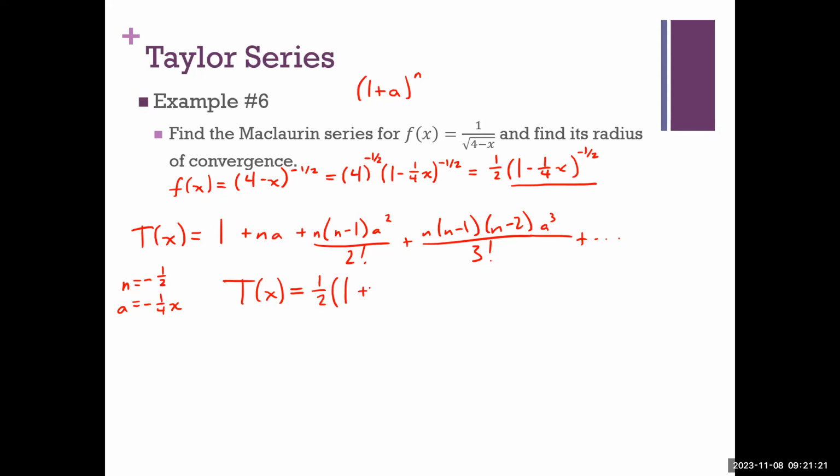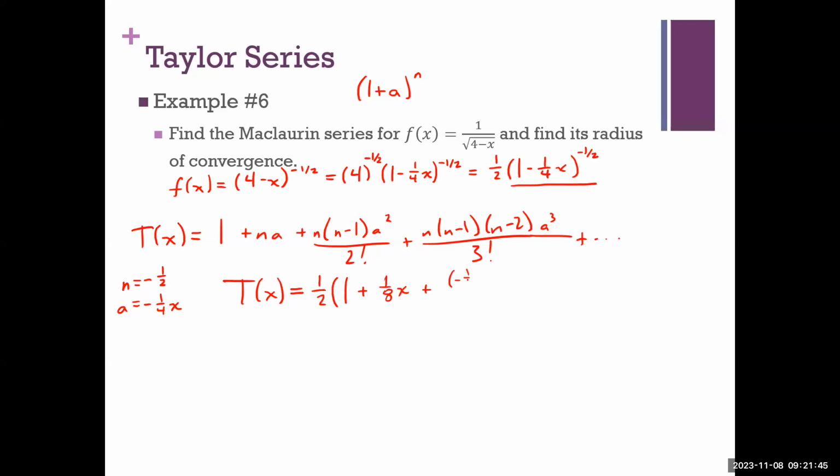All right, what's the second term going to be? Essentially, what's n times a in our case? 1/8 x. And then how about the next one? We should write this one out, right?